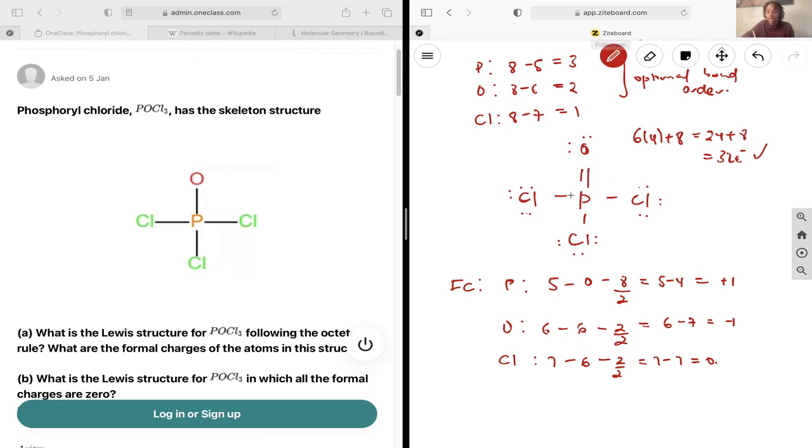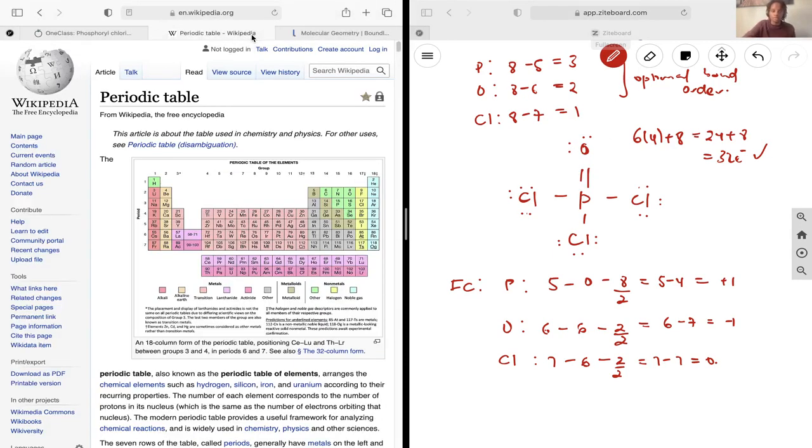Now, this would imply that phosphorus has more than the usual 8 for an octet, but this is going to be allowed because phosphorus can form an overfilled octet using the fact that it has d orbitals somewhere close to it, according to the periodic table. If we just check here quickly.